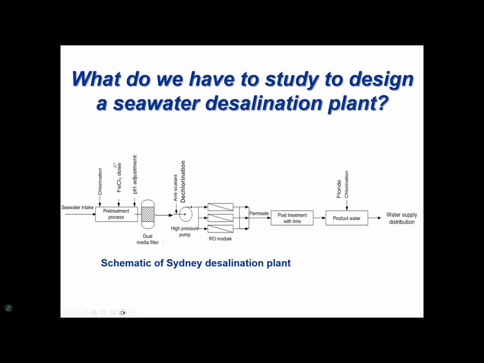This is very much depending on your turbidity. Sometimes after severe raining or flash flooding, you have increasing turbidity of the seawater, so you can remove the overall turbidity using iron chloride.